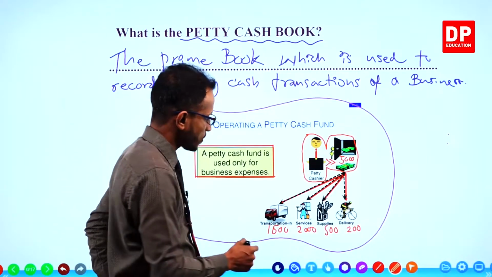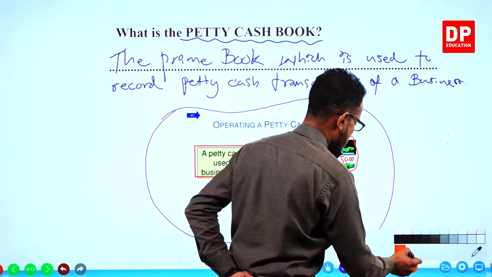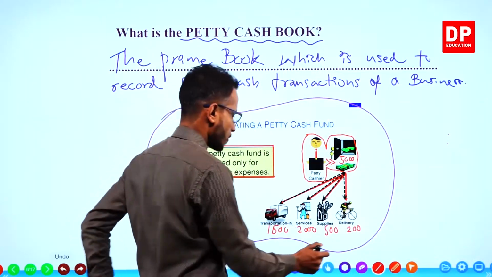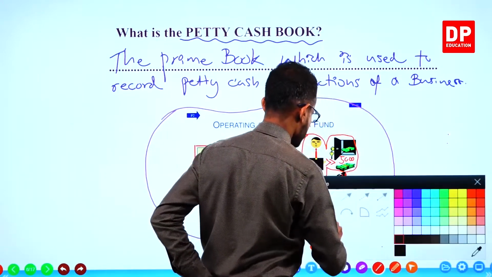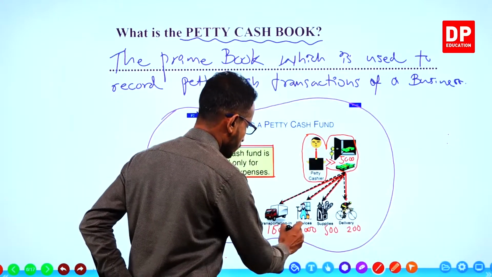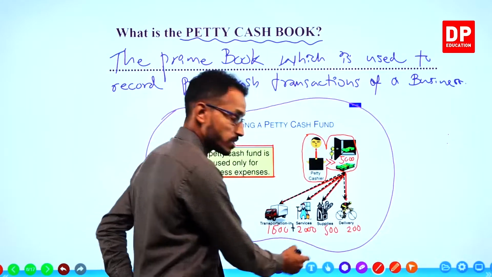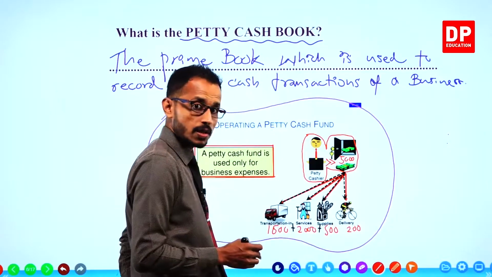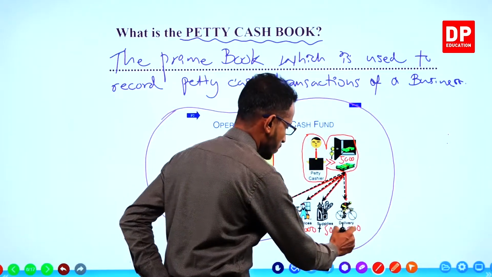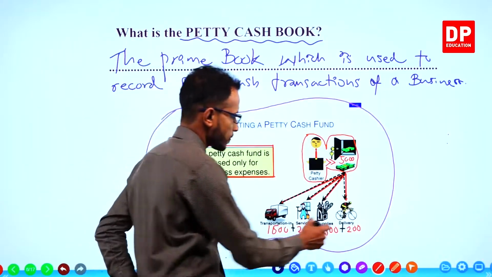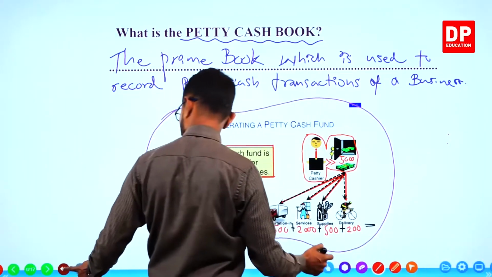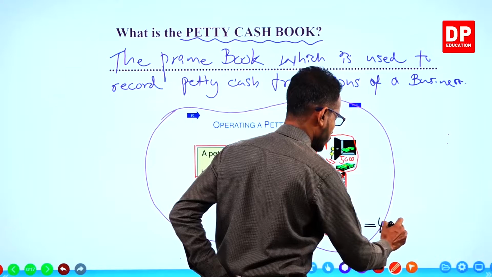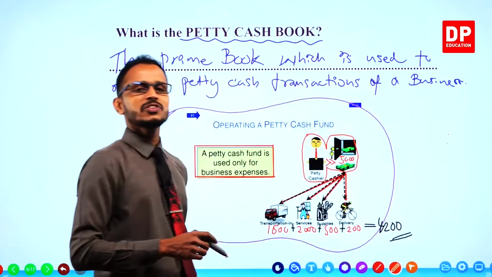Altogether, how much has he spent? 1,500 plus 2,000 is 3,500, plus 500 is 4,000, plus 200, 4,200 he has spent. This is the total petty cash expenses for the month.